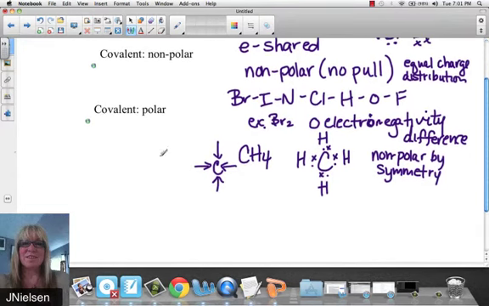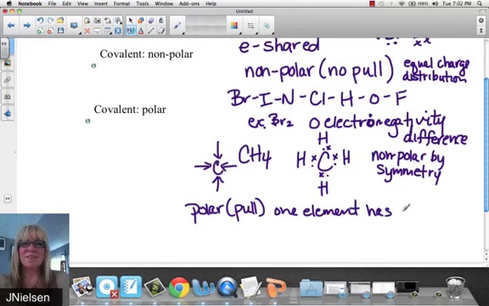Now, let's look at polar. Polar means that there is pull. One element has a higher electronegativity than the other.